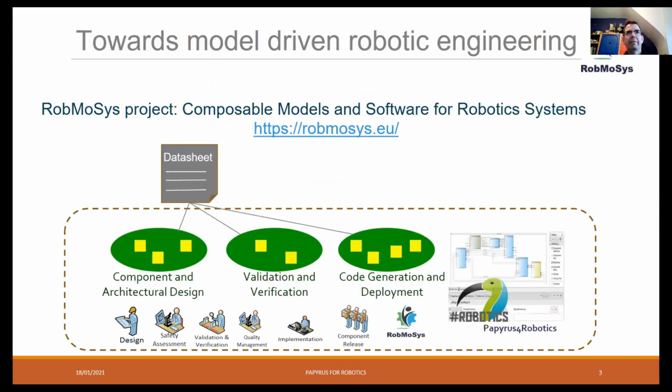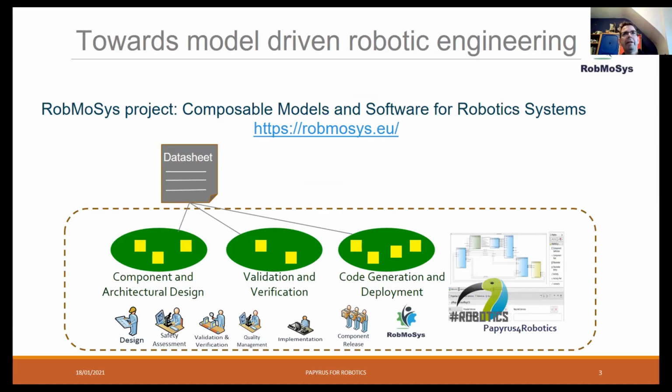So here you see some of the stakeholders in the lower part of these pictures. There is, for instance, a component design to be done. There's also some validation and verification, and some implementation work with code generation. That is why we said a model-driven approach is a good way to have a common umbrella for all these different activities.